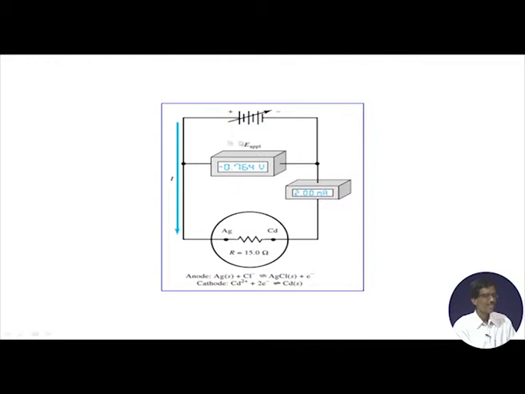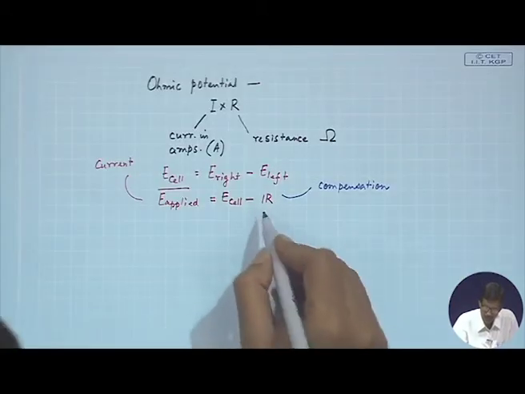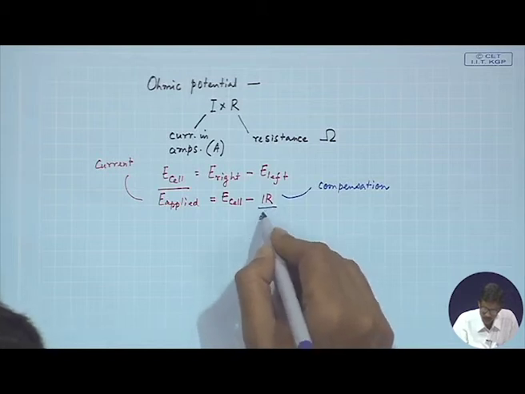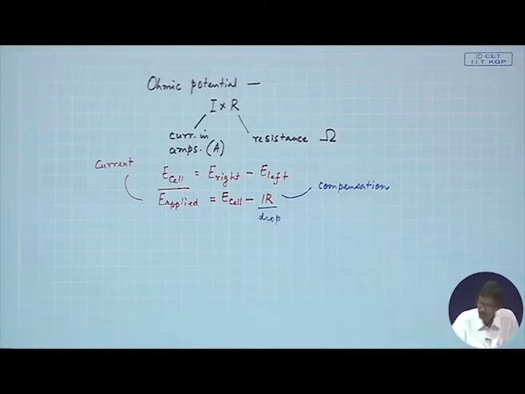So, this increase in the E applied is due to the generated cell resistance, and we consider this as the IR drop in the method we use for the electrogravimetric technique.